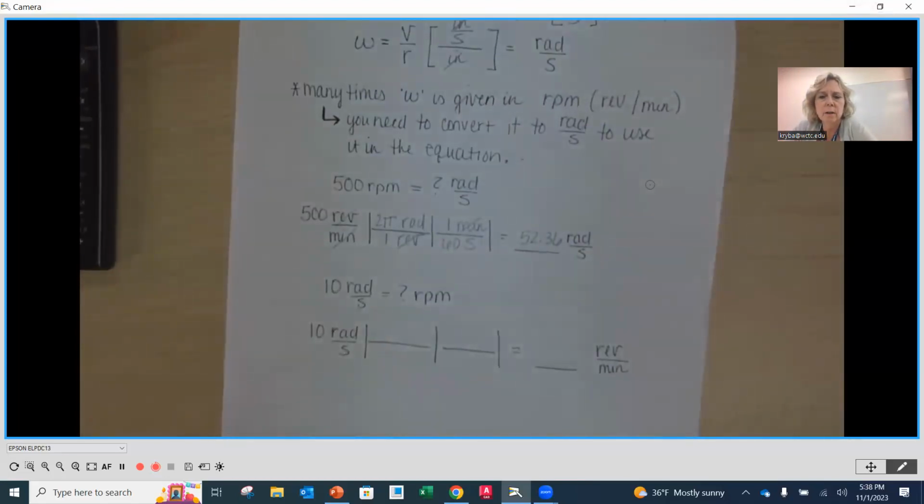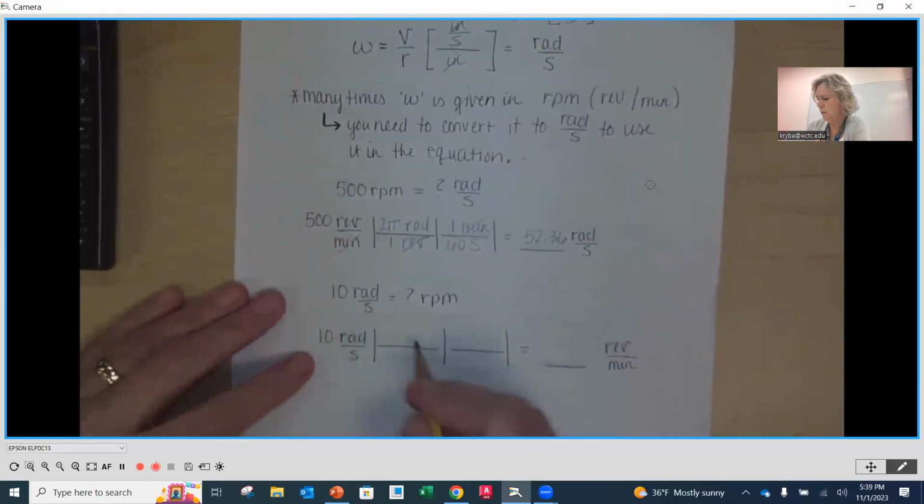The next section here, we're going to be looking at radians per second to revolutions per minute. So go ahead and do the conversions here, and then see if we get the same answers. I'll let you fill it in this time yourself.